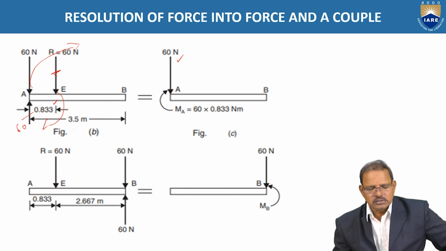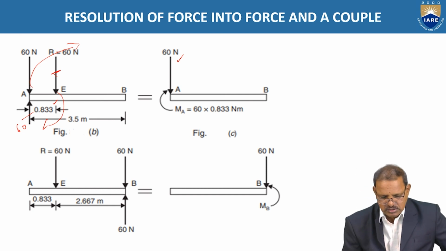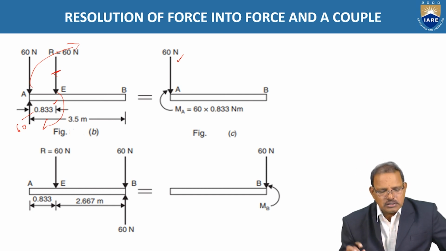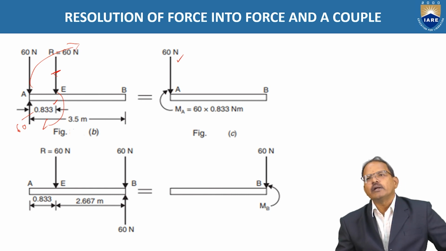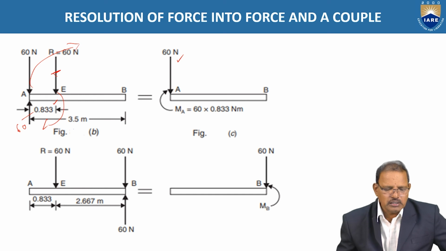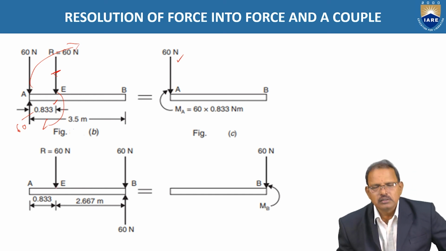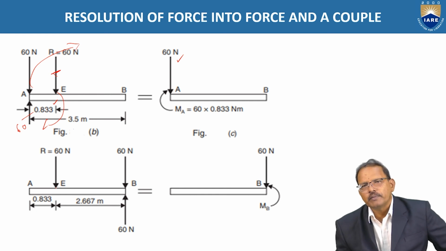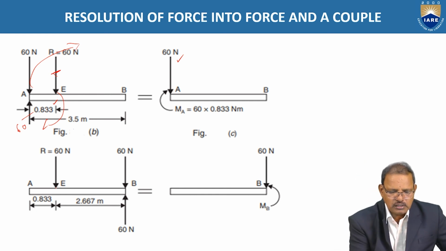In the second case, if the single force is shifted to point B, what is the couple? Again, taking the original figure, the resultant force is acting at point E, which is at a distance of 0.33 as shown in the figure.